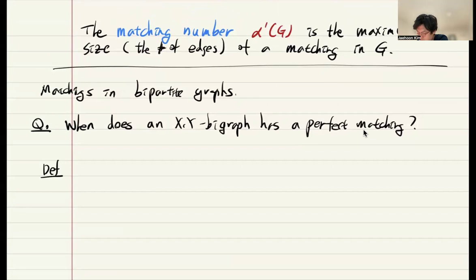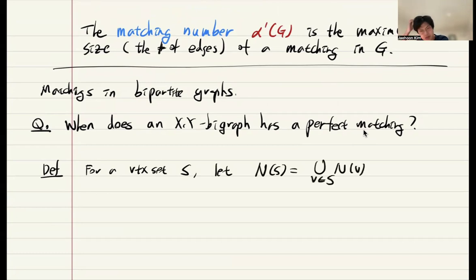define one terminology for a vertex set S. We write N of S as the union of the neighbors of all vertices in S. So let's write this. So for example, if you have this graph, so in general, it doesn't have to be a bipartite graph.